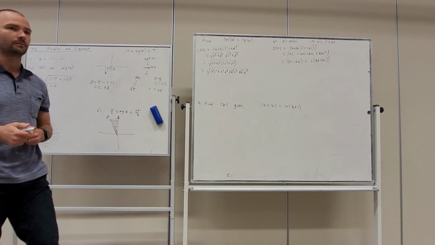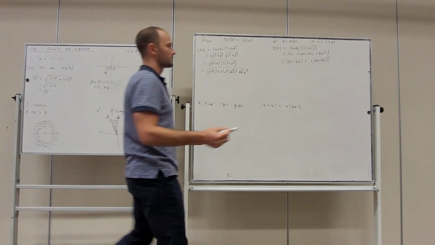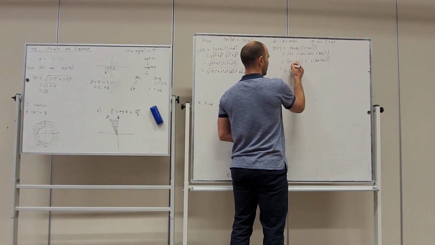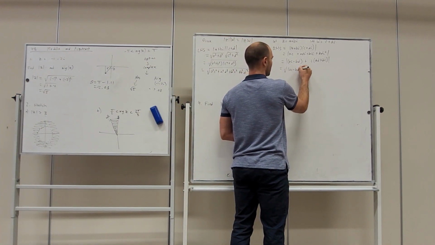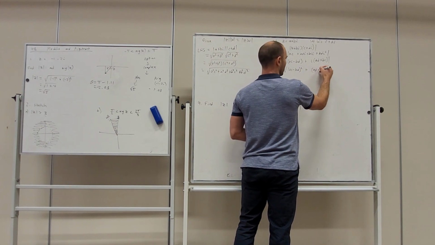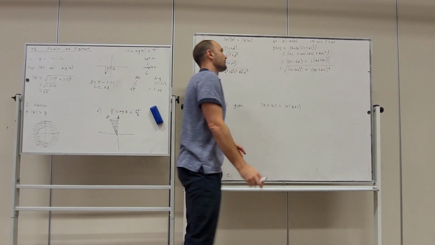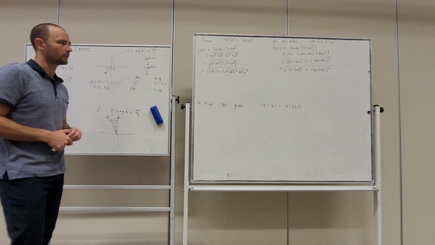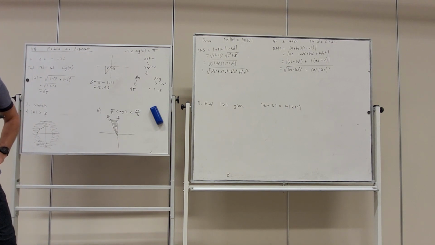And now we're going to perform the modulus of it. The modulus says we have the square root of the square of the real component plus the square of the imaginary component. Okay, everyone okay so far?